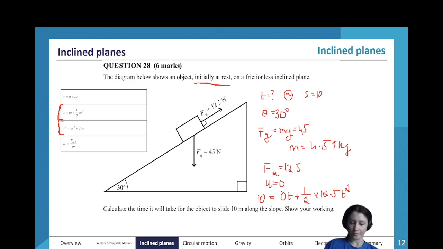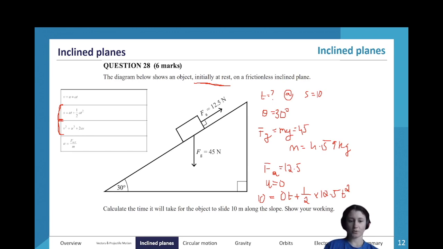Now, if you're a particularly astute student, have a look at the working here and figure out what is wrong in this line of working. What have we done wrong?